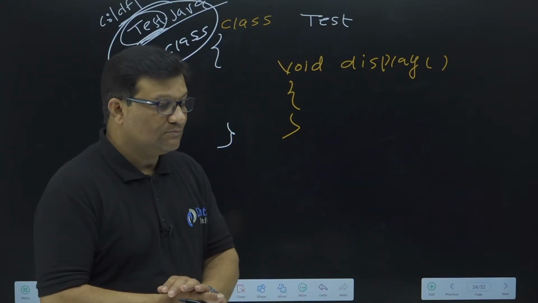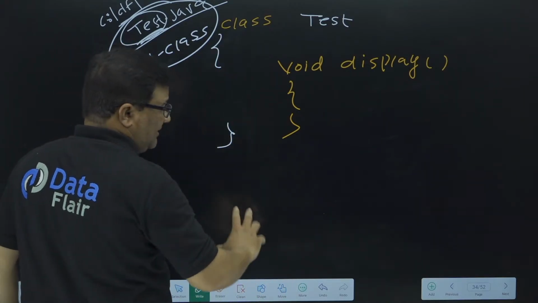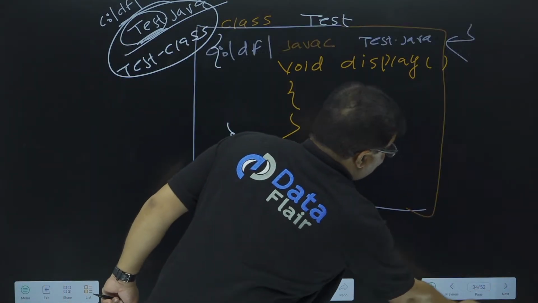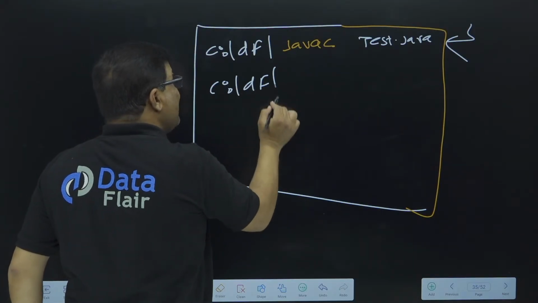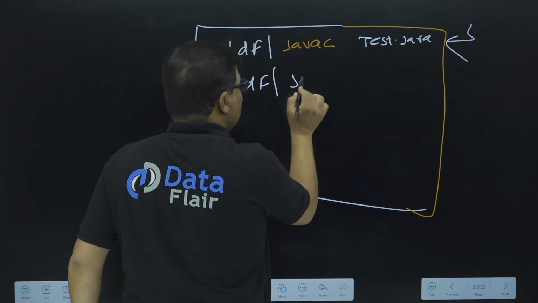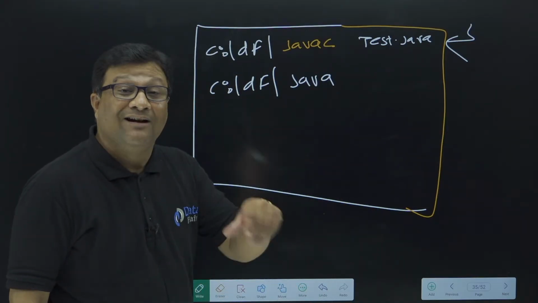So let me continue. This is the display method we have. Now to run this program, we have to write the java command. The java exe file is what we use to run a Java program.